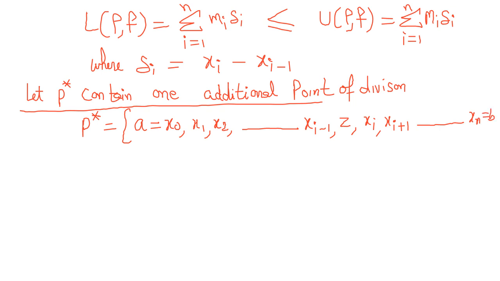This additional point z is there. All these points will be in your P, but P star has one additional point of division.